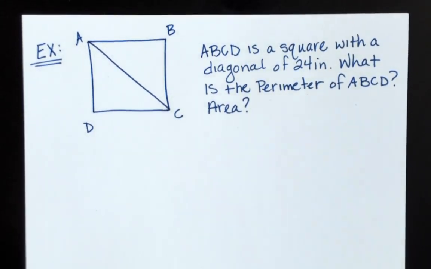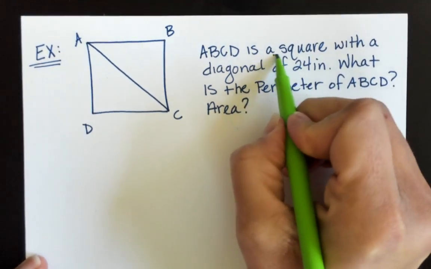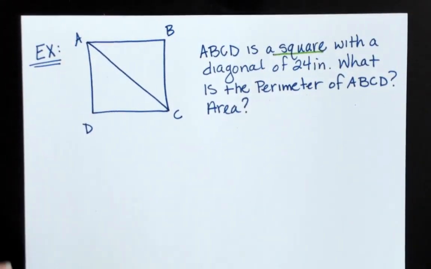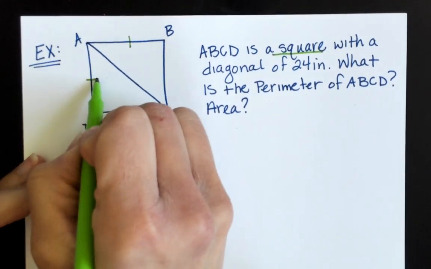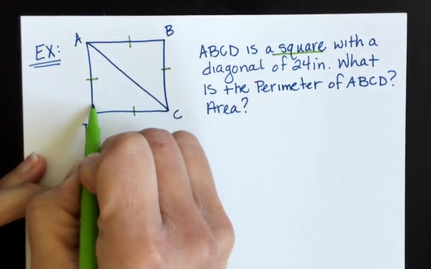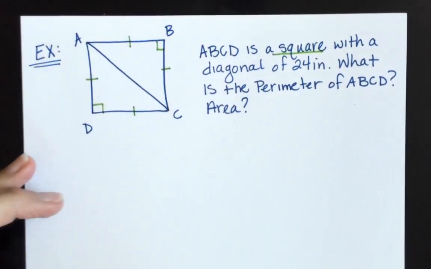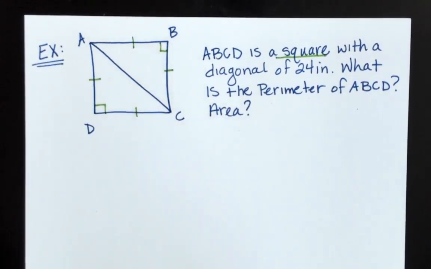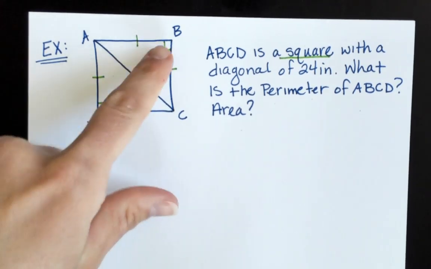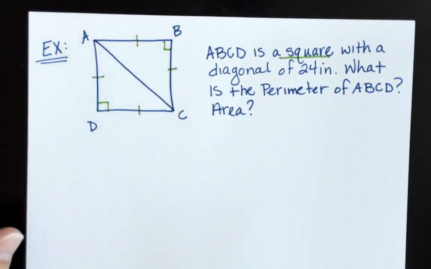All right, so a couple big things in this. Please pay attention that we do say square, which immediately means all the sides are the same and we've got right angles everywhere, because a square is both a rhombus and a rectangle. We've got our right angles, we've got our congruent sides.